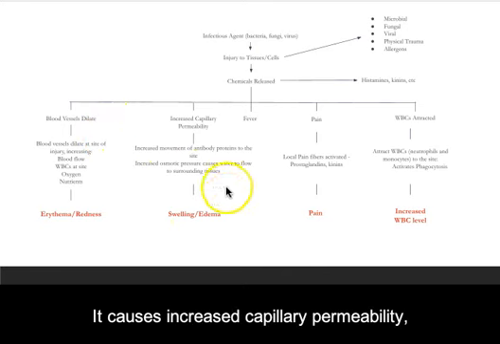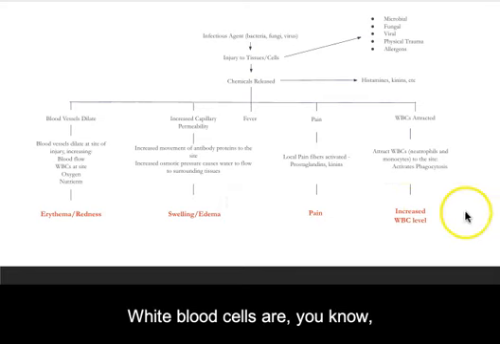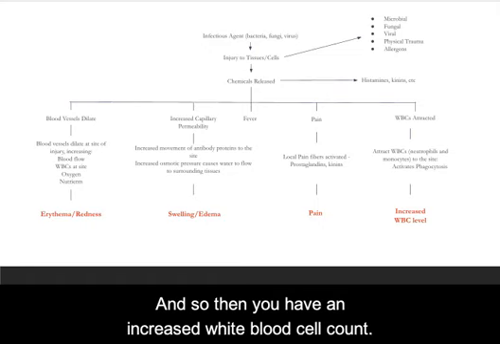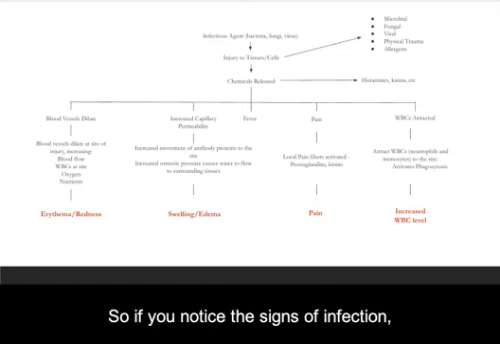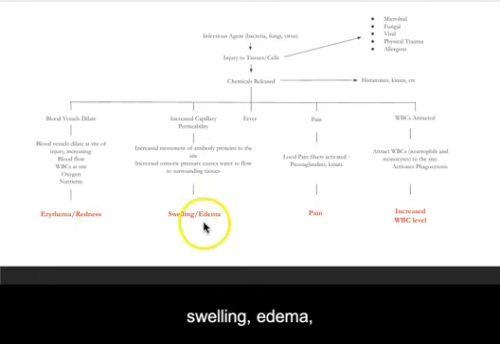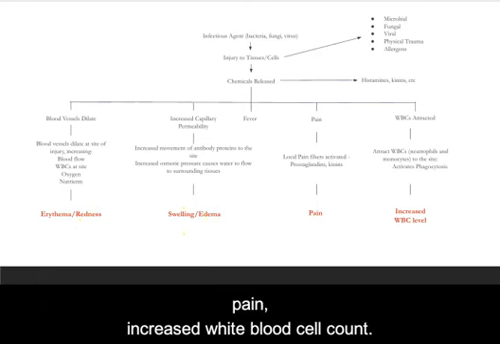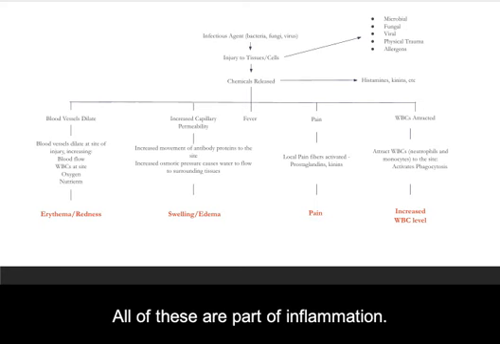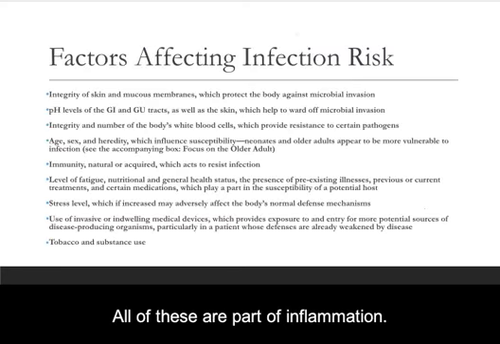It causes increased capillary permeability, fever, pain, and white blood cells are attracted to the site. And so then you have an increased white blood cell count. So if you notice the signs of infection, you have redness, erythema, swelling, edema, pain, increased white blood cell count. All of these are part of inflammation.